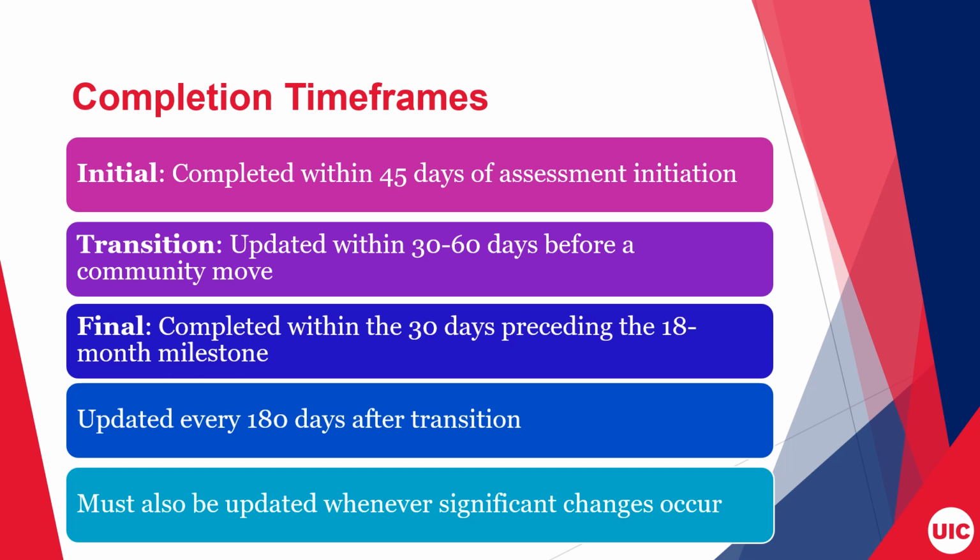All class members who reach 17 months in the community must have a service plan completed within the 30 days preceding the 18-month milestone. This is referred to as the final plan. Throughout the transition continuum, all class members must have a service plan no older than 180 days. Therefore, a new service plan must be reviewed, updated, and finalized every 180 days, or as clinically indicated throughout the pre- and post-transition activity periods.